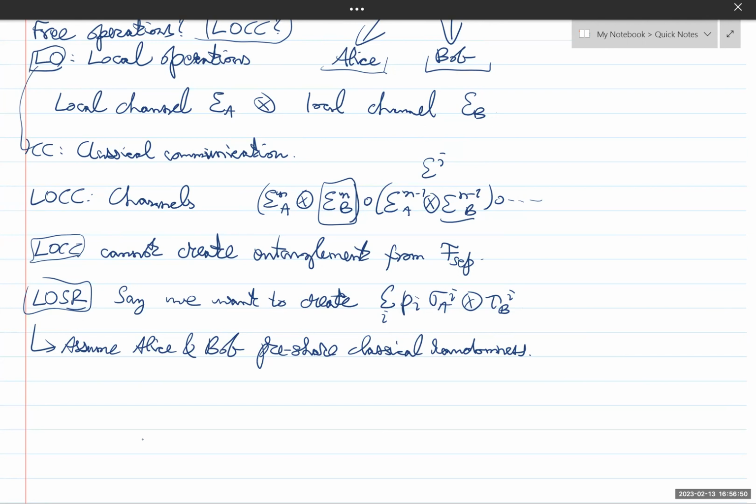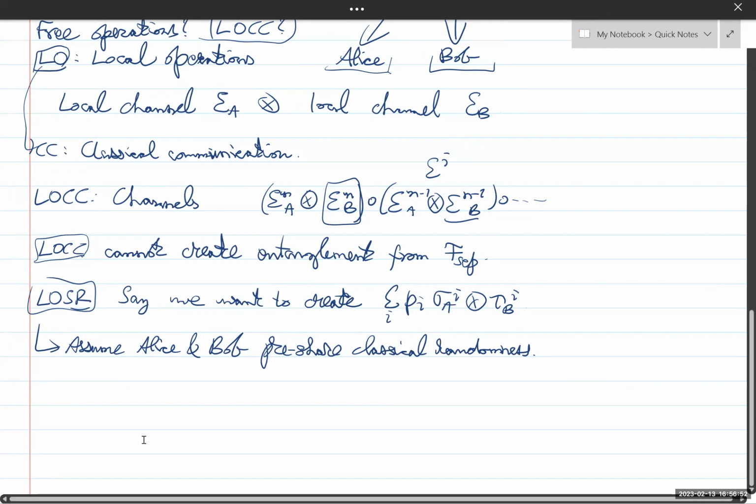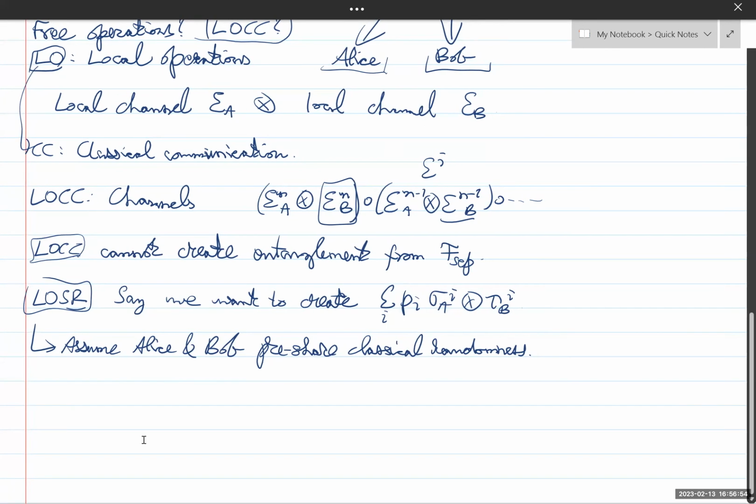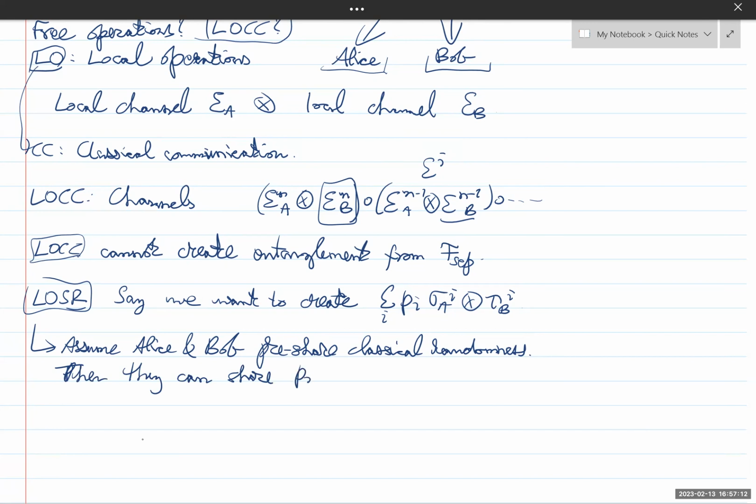So if they can strategize beforehand, they can arrange to pre-share this source of classical randomness.